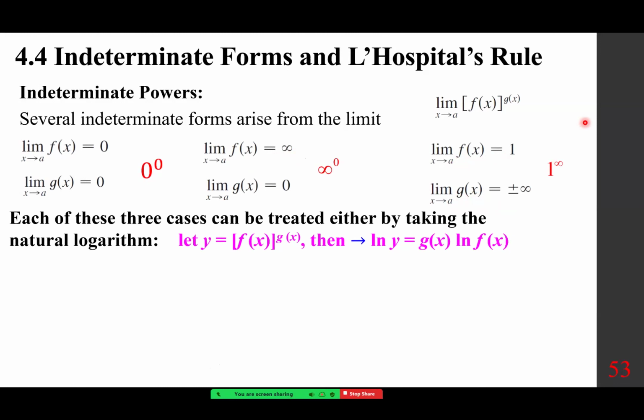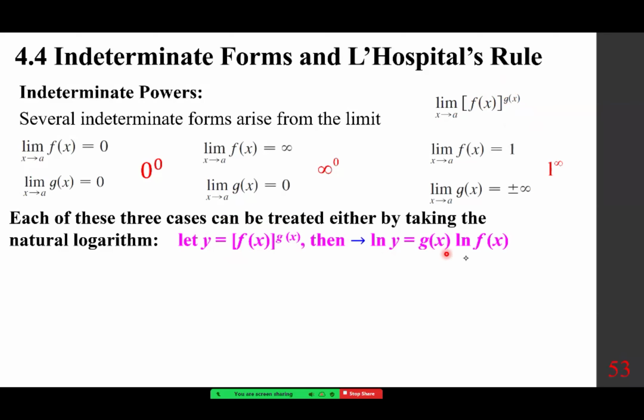And what do we do? Each of these three cases can be treated by taking a natural log. If I take the natural log of this expression, f of x to the power of g of x, then g of x sits in front and becomes a coefficient.